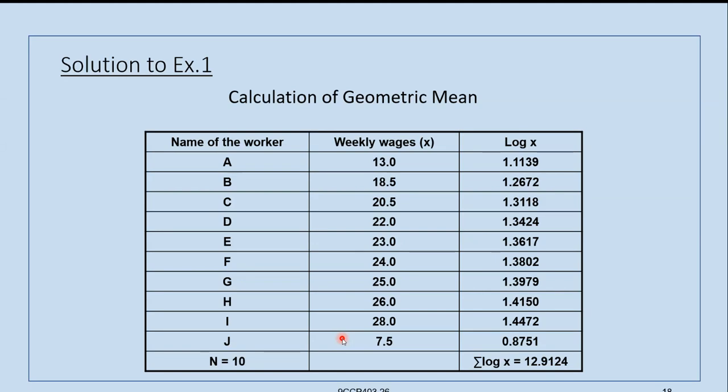We have to take three columns. First one is the name of the series. Second one is the value of the series. Third one is log x.